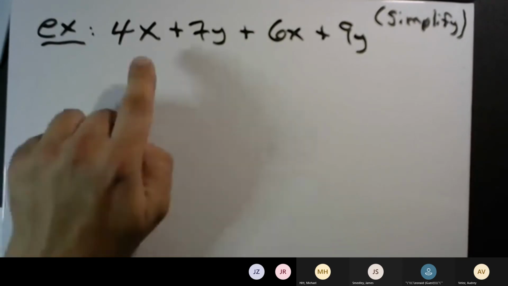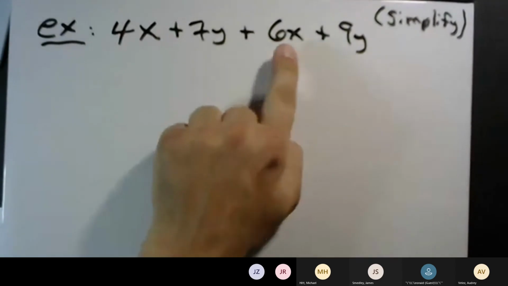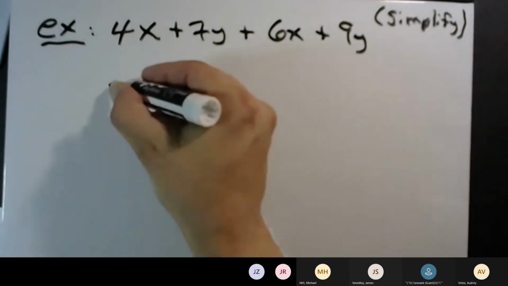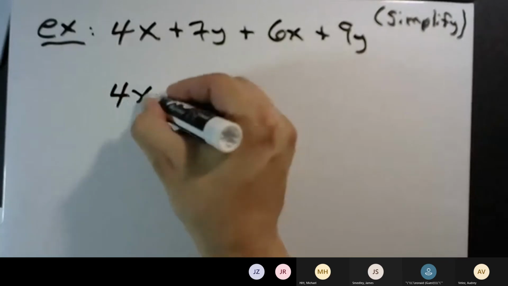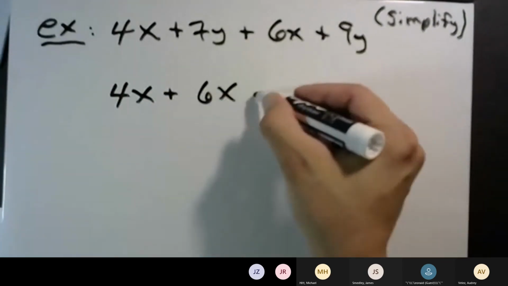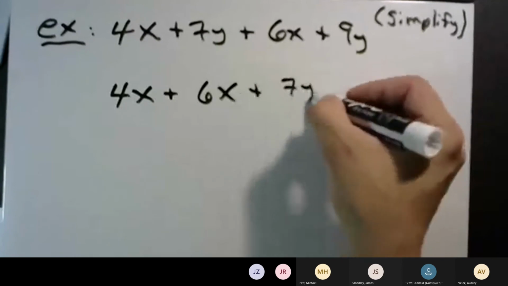So what we're going to do, we have a type X, type X, type Y, type Y. So we can group the terms of the same type together.